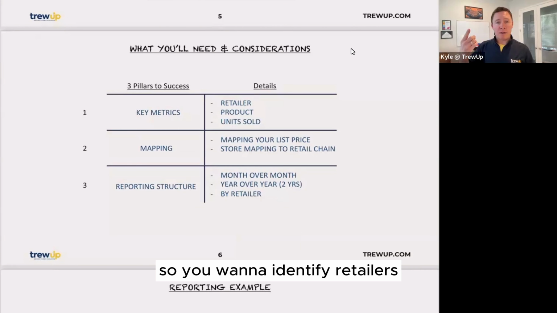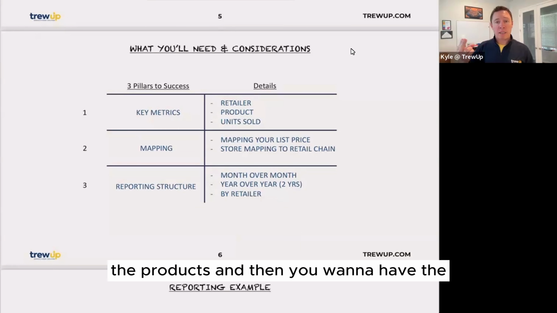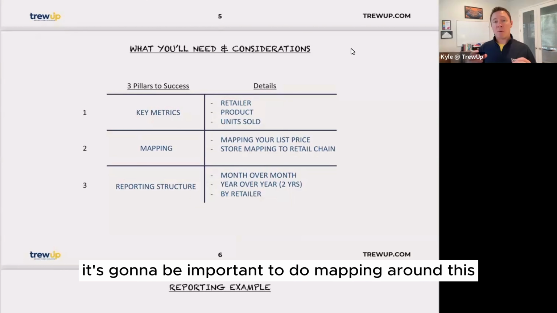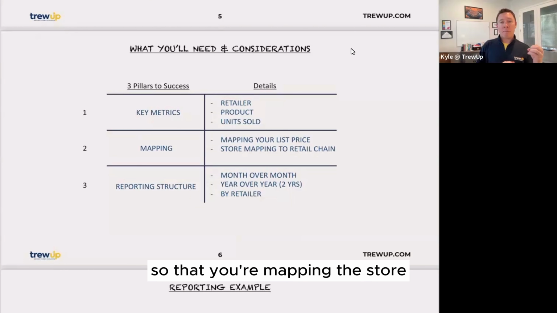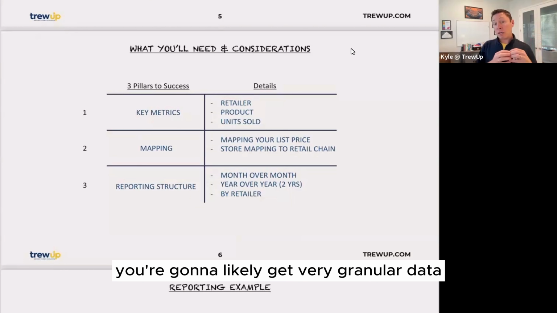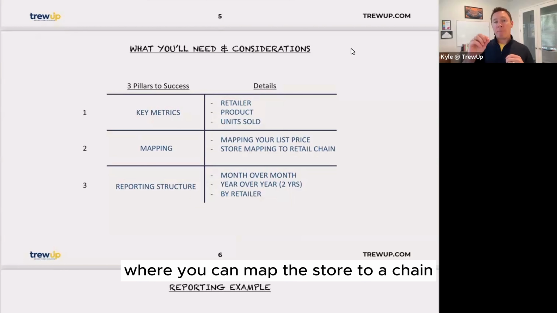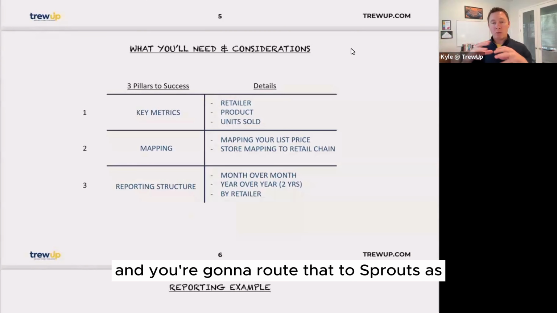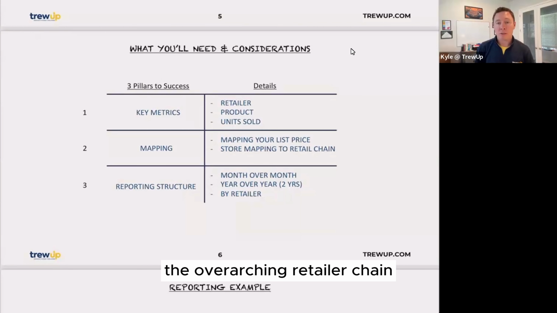So you want to identify retailers, the products, and then the units sold for those products to those retailers. It's going to be important to do mapping around this so that you're mapping the store. You're going to likely get very granular data where you can map the store to a chain. So you might have Sprouts store number 2, and you're going to route that to Sprouts as the overarching retailer chain.